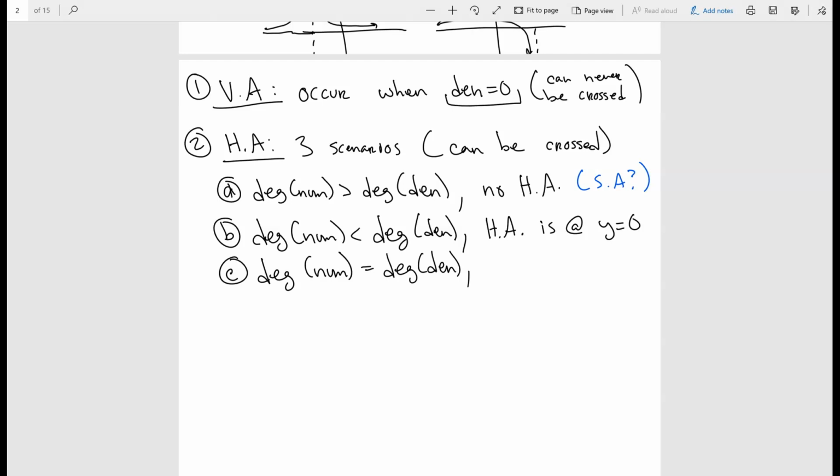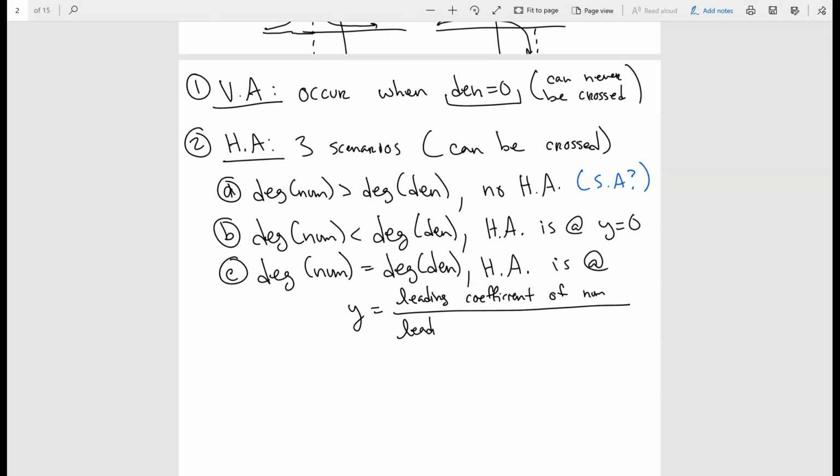If this occurs, the horizontal asymptote is at y equals the leading coefficient of the numerator divided by the leading coefficient of the denominator.